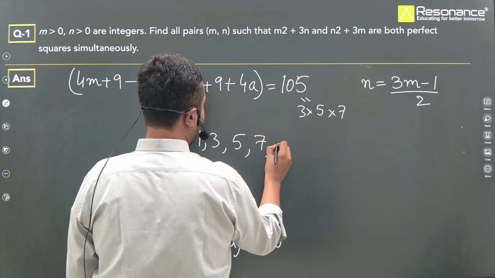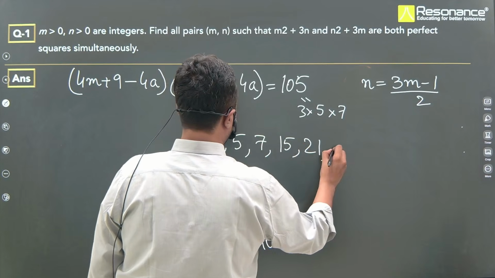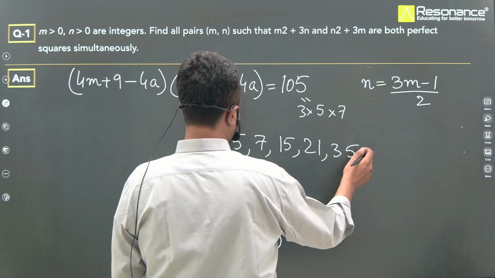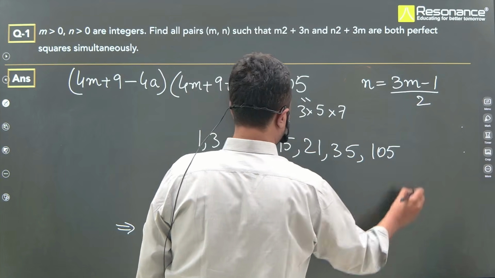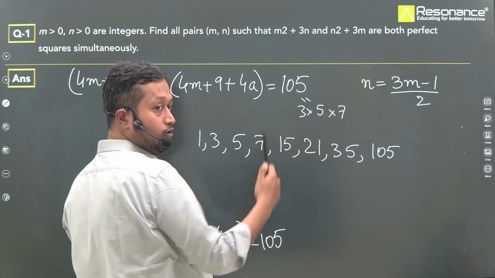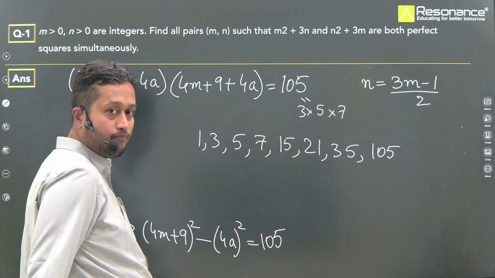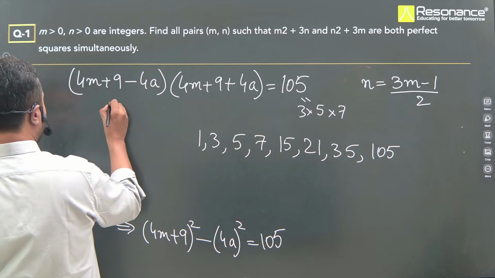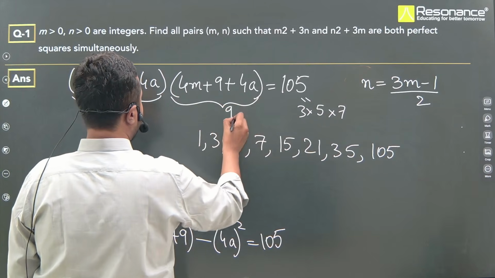Then you got 15, then 21, 35, and the last one, 105. There need to be 2 into 2 into 2, 8 divisors. 1, 2, 3, 4, that's 8. So these are the complementary divisors. Maybe I'll just call this thing P and this Q.